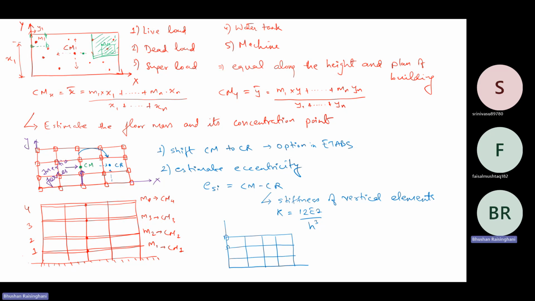So again, for each column, in this particular case, you have to estimate your X and Y. So for this column, let's say K1, you give K2, K3, K4, then K5, K6, K7, K8, K9, and so on.